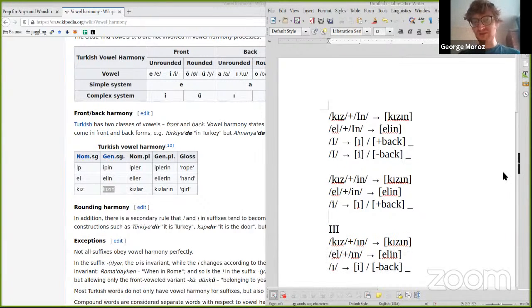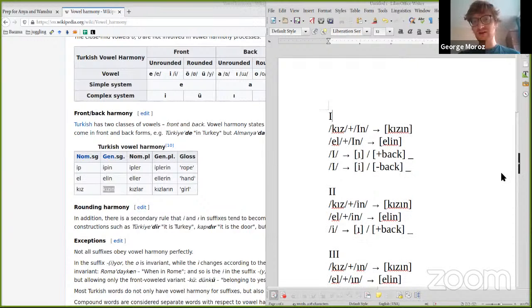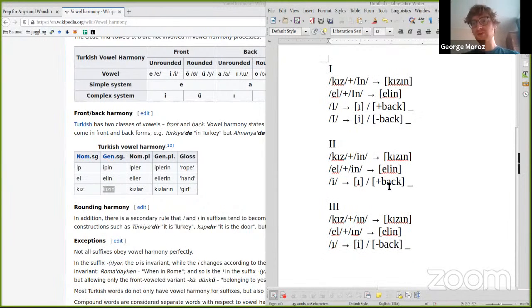That's why I call it a phonological playground, because you can have three different descriptions. One of them could be treated as an elegant one. I would say this one is the elegant one because you don't make any decision about this vowel, but you come up with a new unit.